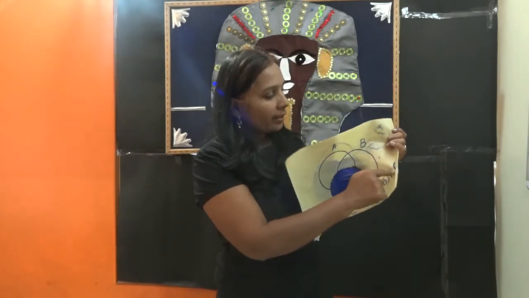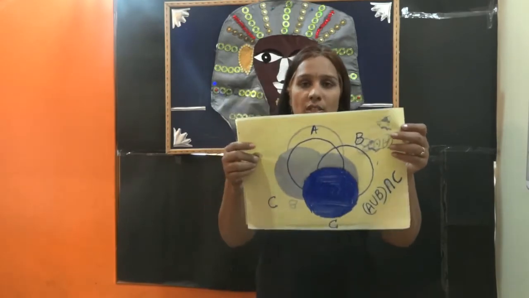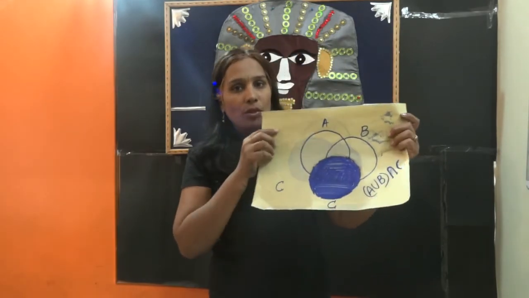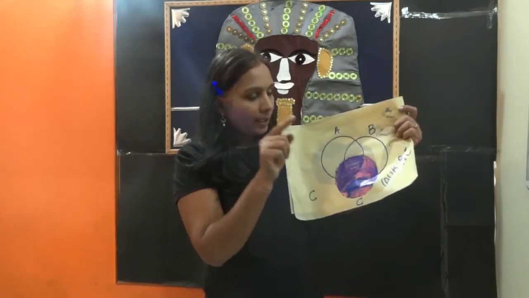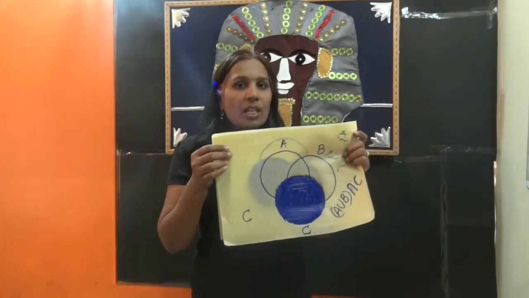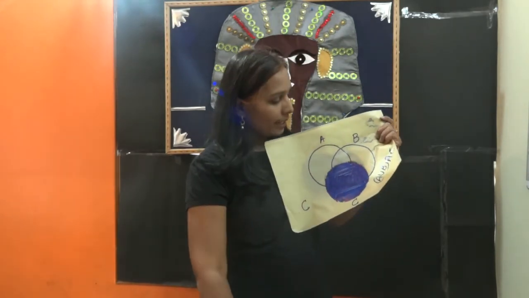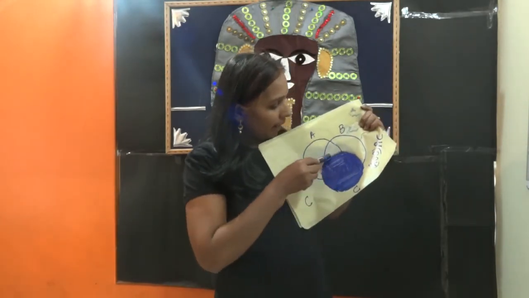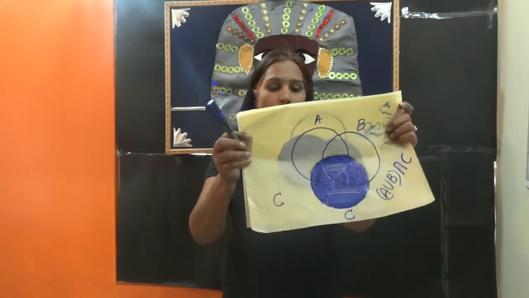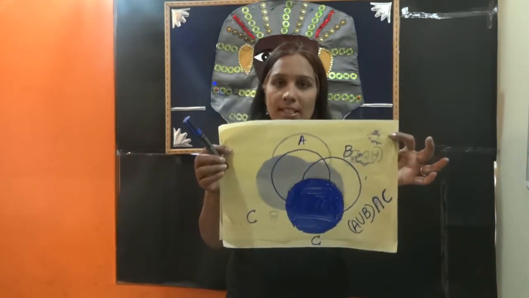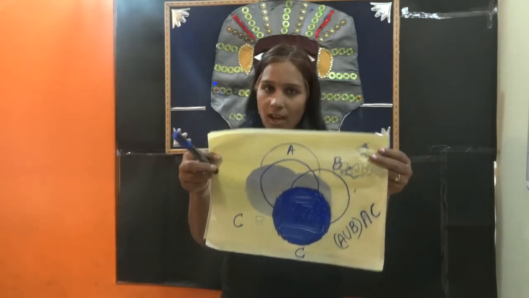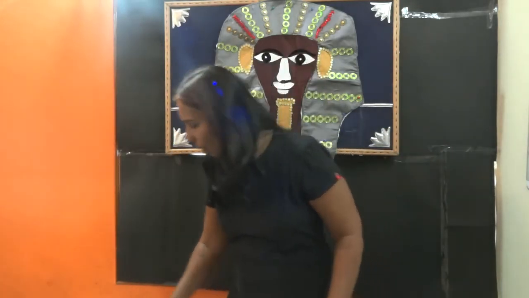To get the intersection, you make a close examination of these two sheets and take only those areas which are shaded as well as overlapping. In this case, only this area is shaded as well as overlapped. So this area is our answer. One more example.